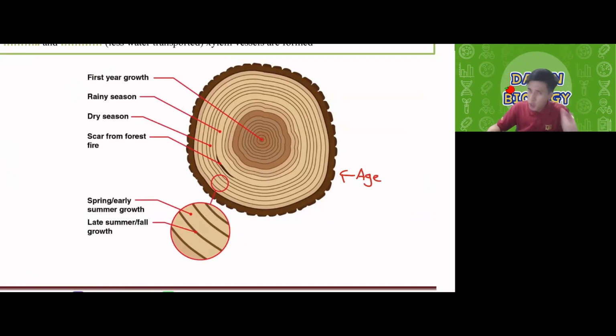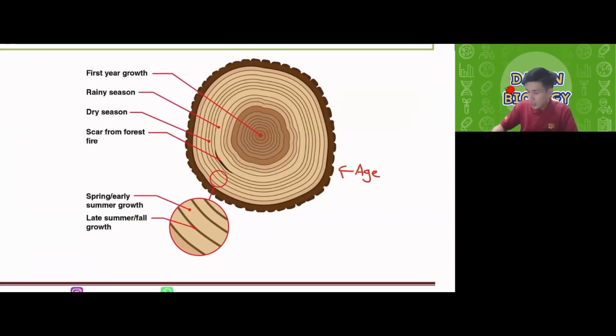So, as I told you before, not every tree we can use the rings to count the age. Only plants that can undergo secondary growth, meaning only woody plants. Because the rings that you're looking at are secondary xylem. So you undergo secondary growth, form secondary xylem, then only you have the rings.